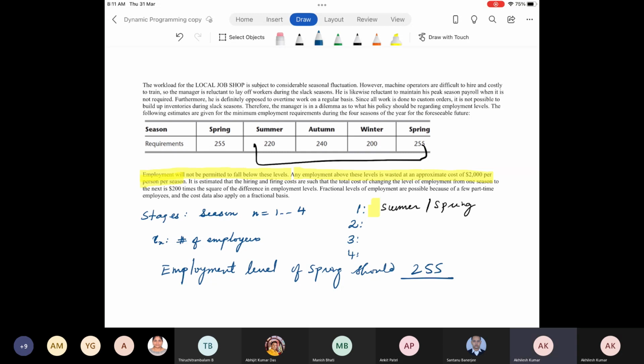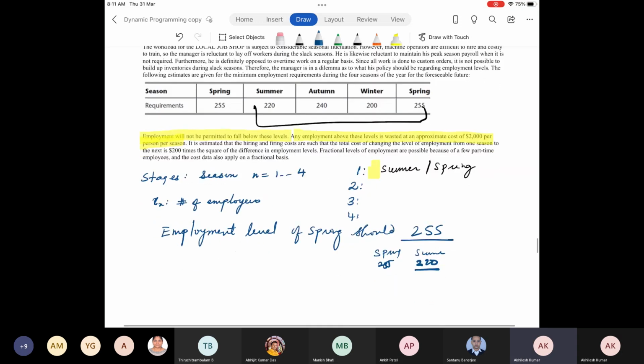That is my peak season requirement. So let's say spring it is 255. Summer, I will fire some. Requirement is 220. So summer can be between 220 and 255. Is this correct? Yes, sir. Similarly, autumn can be between 240 and 255. Winter can be between 200 and 255.